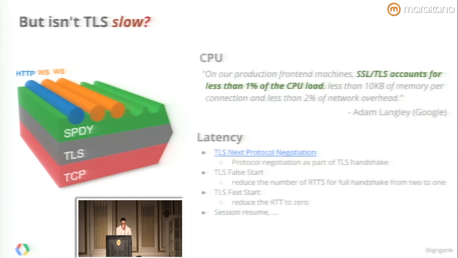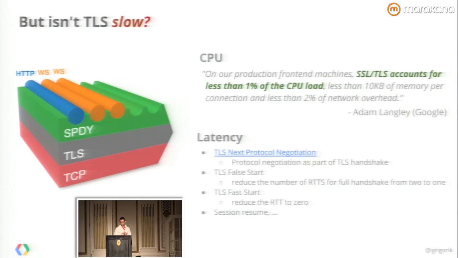Now, for TLS, two things come up whenever you bring up TLS. First of all, speed. If we're talking about performance, and the whole point of SPDY is performance, doesn't TLS work against us? And there are specifically two things, CPU and latency.